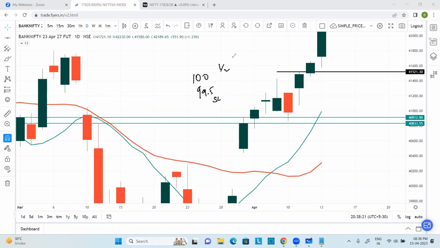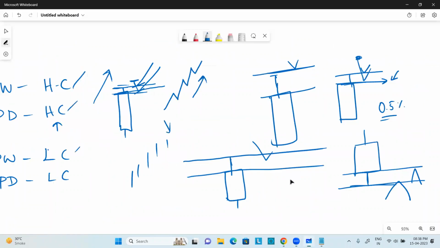This is the support. What I told you, that's why I told you to listen. There are two locations. You can see this. One is this line, previous day high.